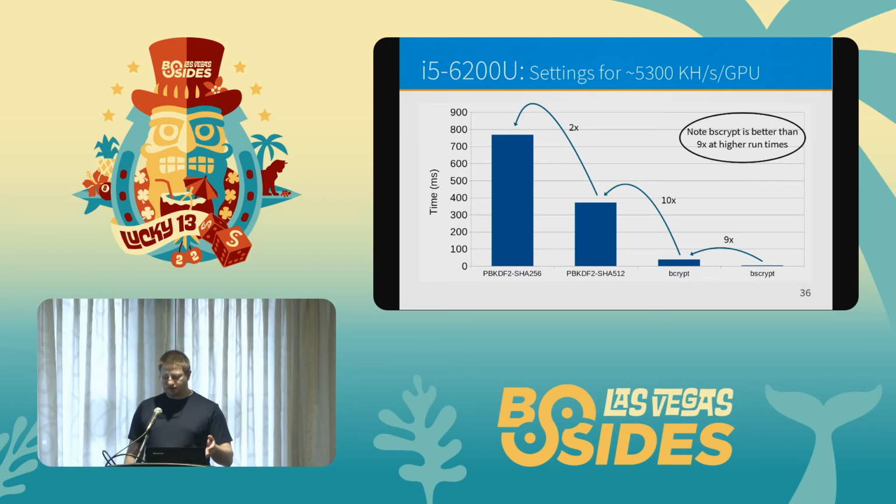So it's basically 53 kilohashes per second per GPU. And so as a defender, you can spend almost 800 milliseconds doing PBKDF2 SHA-256, or you could spend 4 milliseconds running bscrypt.